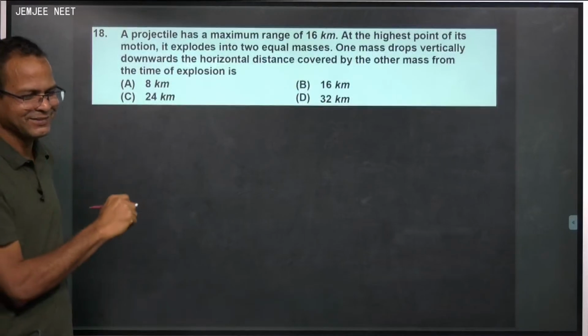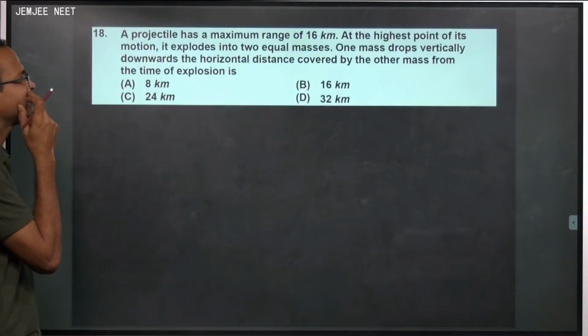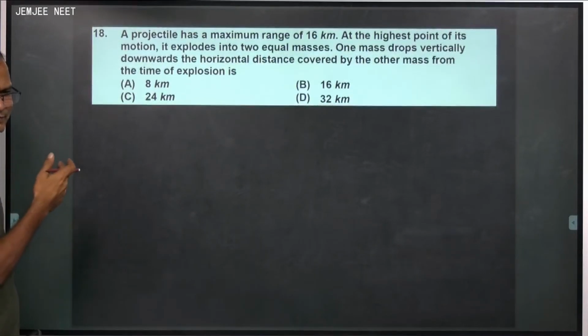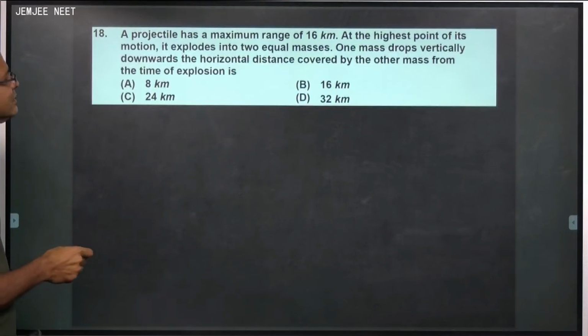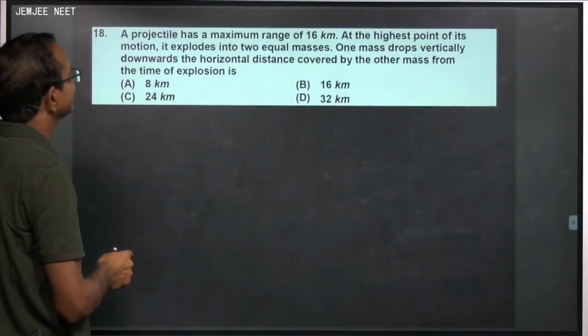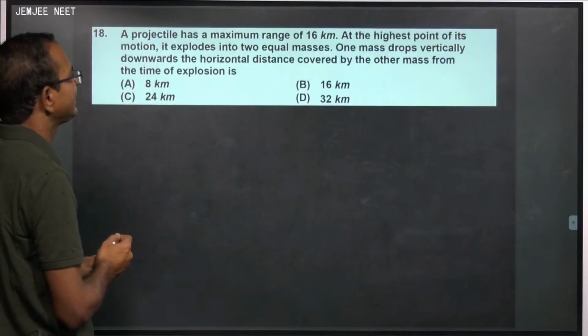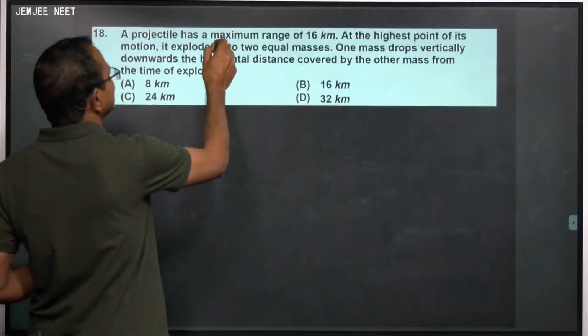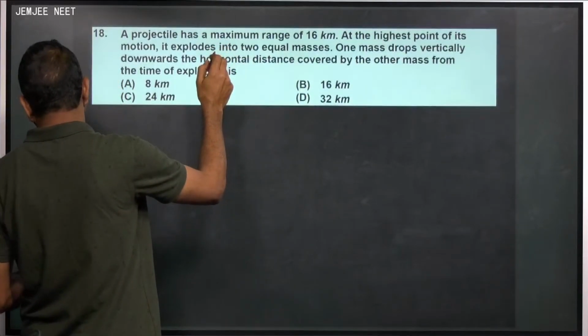Beautiful. Right, tell me. Question number 18, say it. Maximum range of 16 km, at the highest point of motion it explodes into two equal masses. They said maximum.